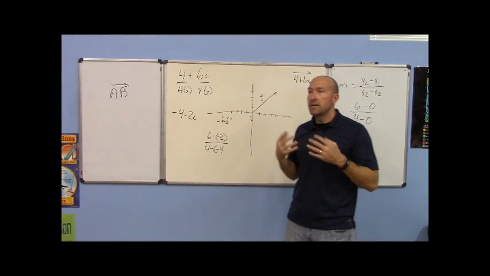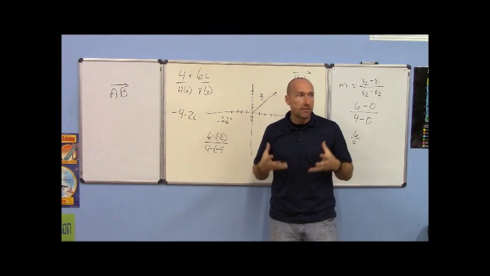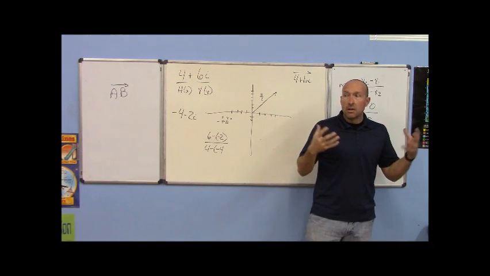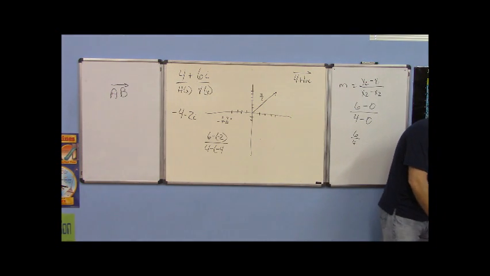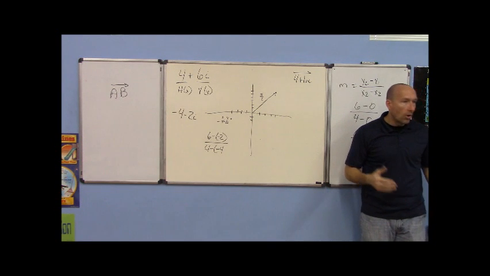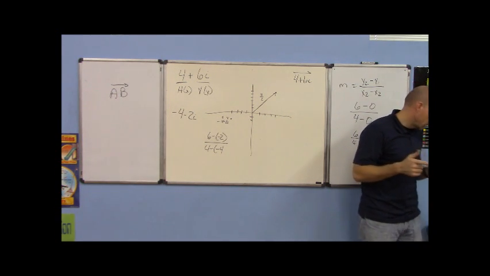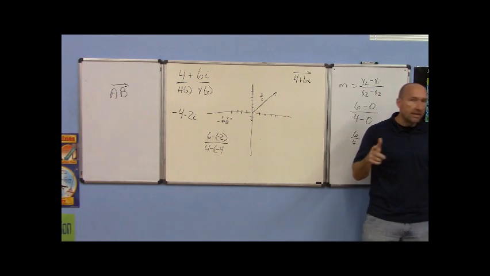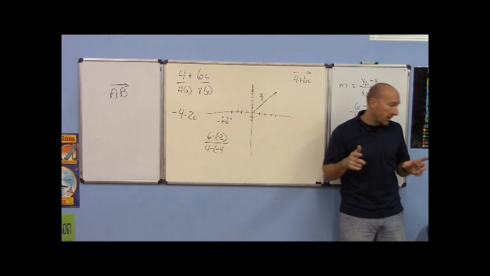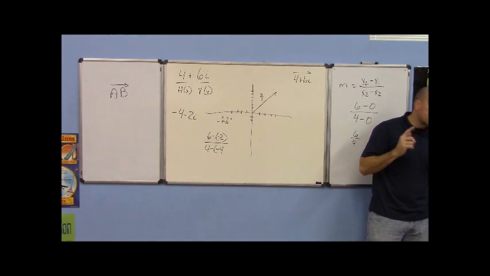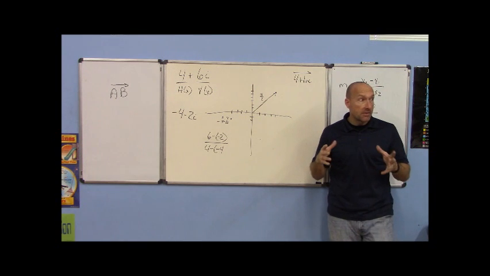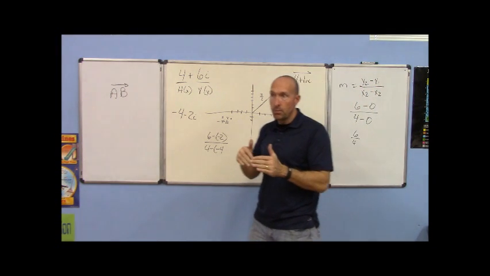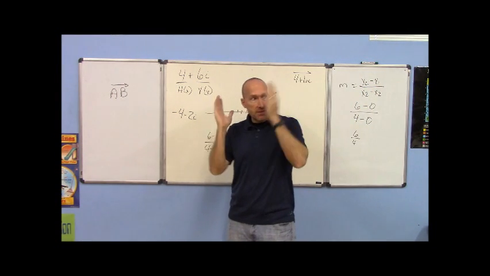And it will say, identify any equivalent vectors. The only thing you need to understand about this is that equivalent vectors are 2 vectors that have equal lengths in the same direction. So basically they have the same slope and they're going in the same direction.